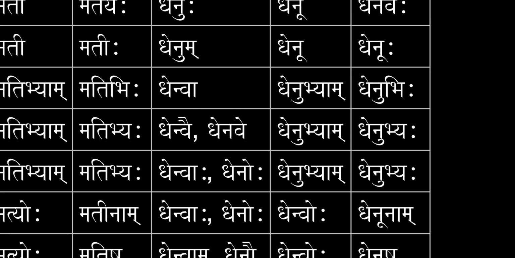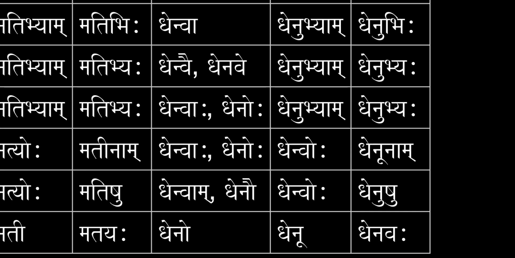Then for ablative, singular, dual, and plural, we have two options for singular: dhenwaha, and then dhenoho for ablative singular. Ablative dual, we have dhenubhyam, and then dhenubhyaha for ablative plural.